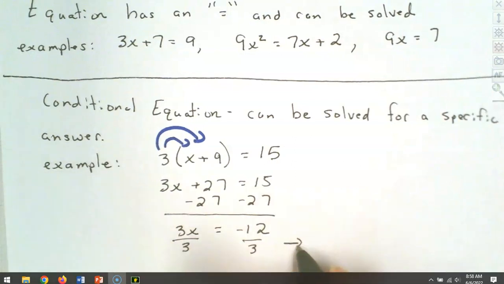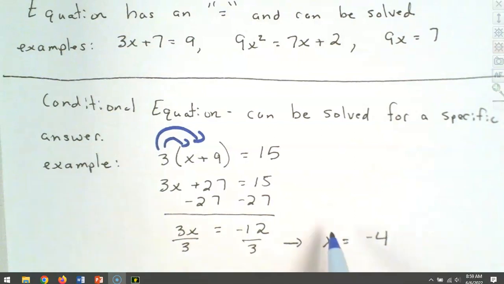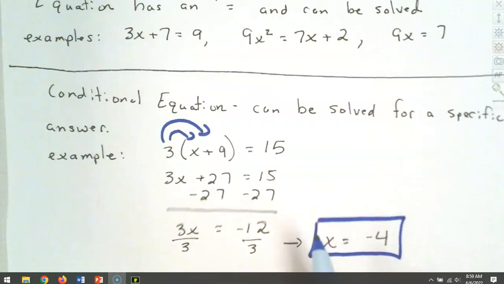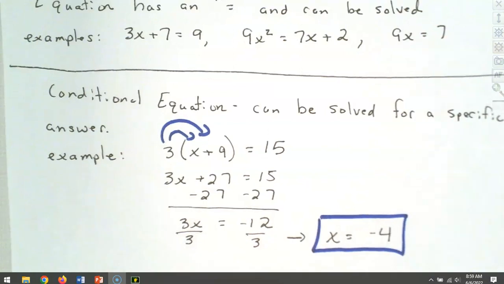And now we have an answer. So now we have the answer when we reduce of x equaling a negative 4. This is conditional. And this is called a conditional equation because we got a specific answer. Okay? Conditional means there's a condition that makes it work. So some number or maybe multiple numbers that make it work, make it come out to be true.